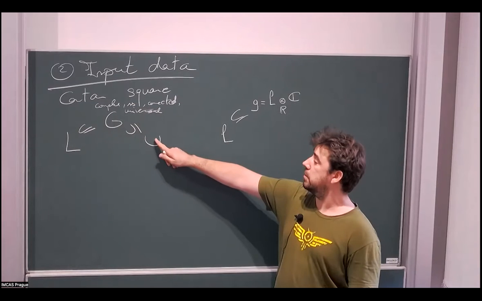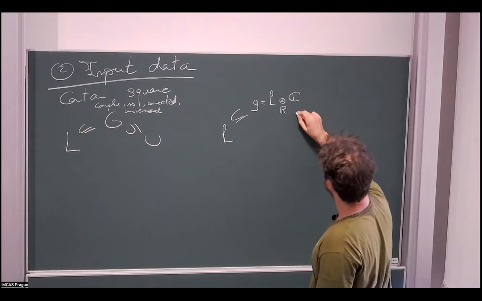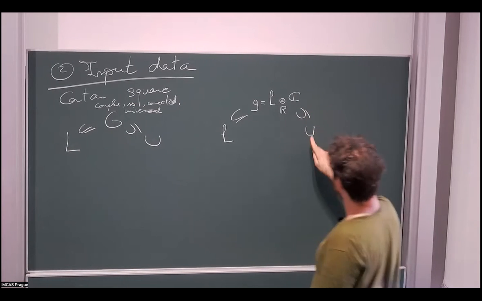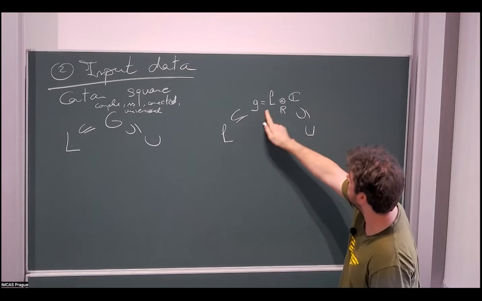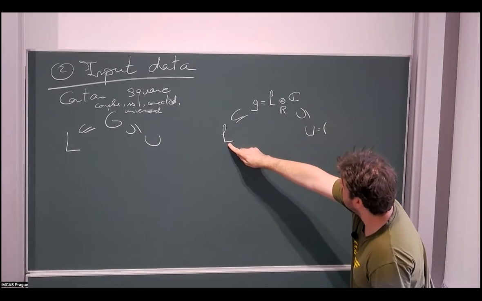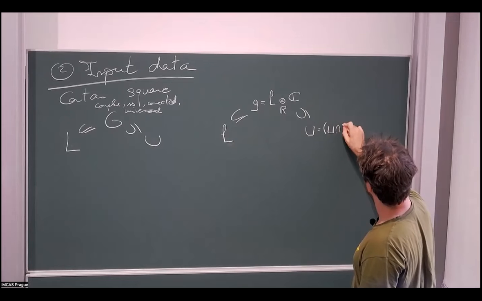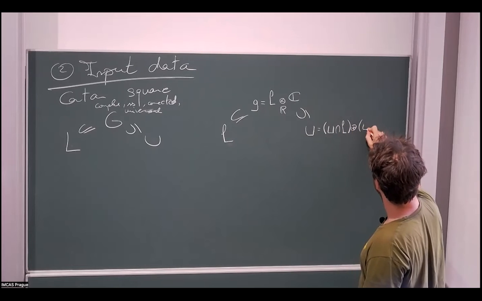So I can't just choose it completely arbitrarily. So what I do is I choose it in such a way that if I look at the associated Lie algebra, it behaves well with respect to the other Lie subalgebra L of G. Namely, it will be the direct sum of the part which lives in L and the part which lives in UL.